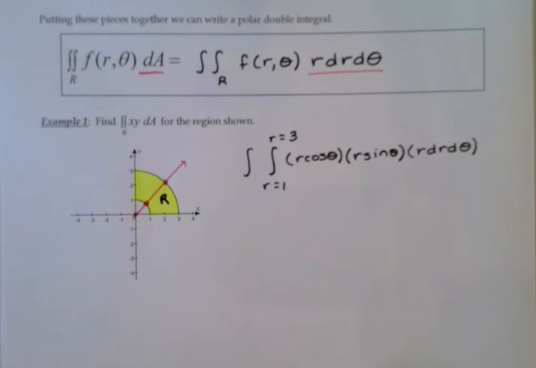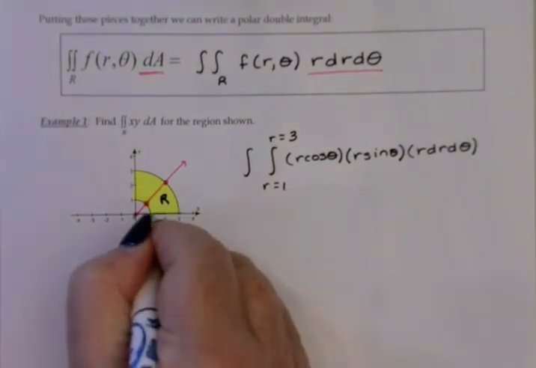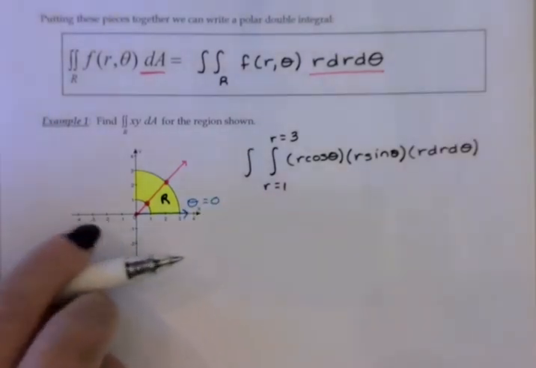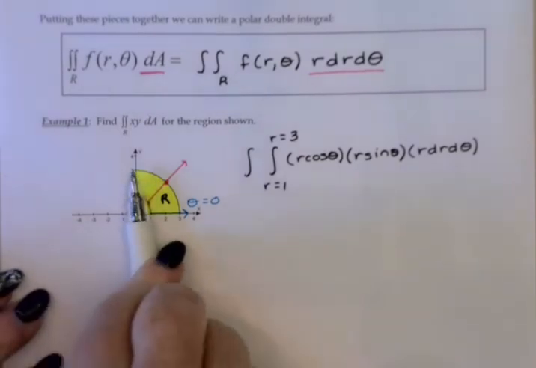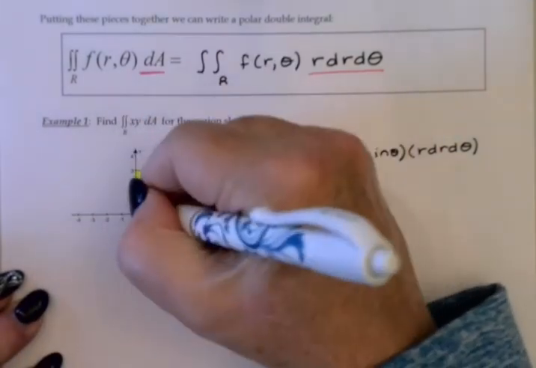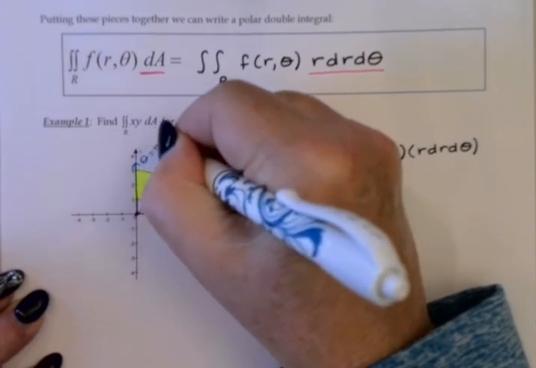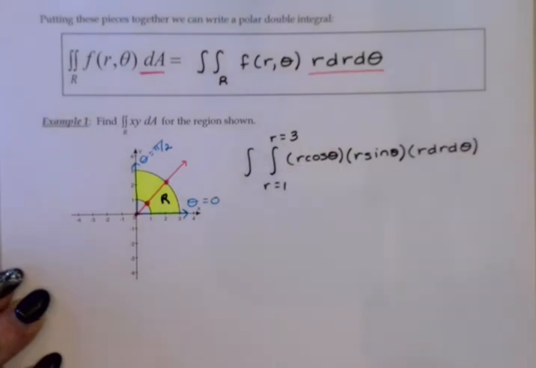And then for the theta values, we start here at theta equals 0, and then we imagine sweeping out this region, so we stop here at theta equals pi halves. So our thetas will go from 0 to pi halves.